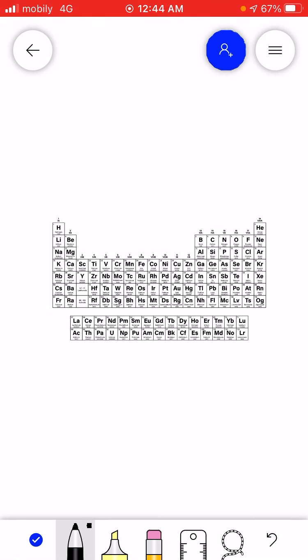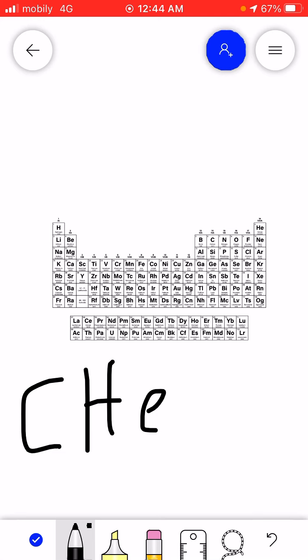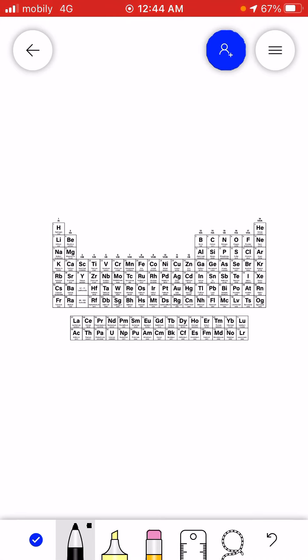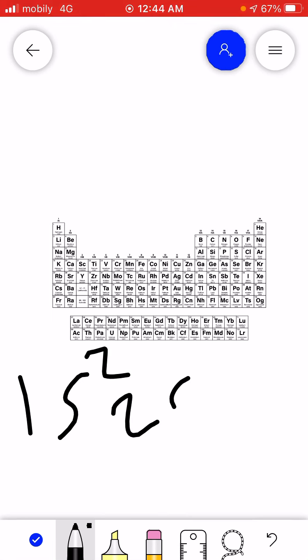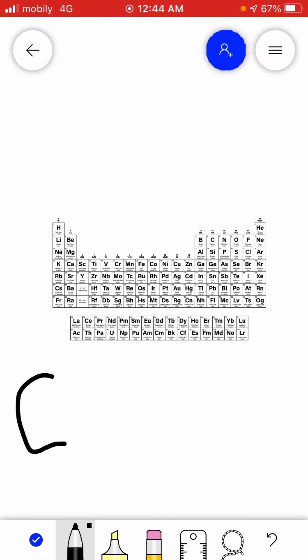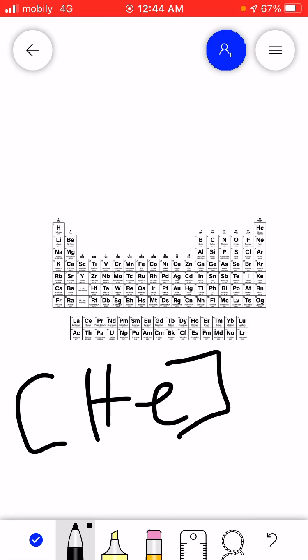So the long form of neon, for example. Sorry for that. The long form of neon, we don't need any bracket. The long form of neon would be 1s2, 2s2, 2p6, no bracket. But putting the bracket, such as helium for neon, is basically telling us that we're trying to find the configuration after helium.